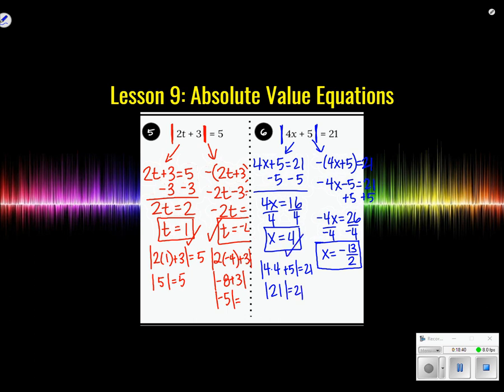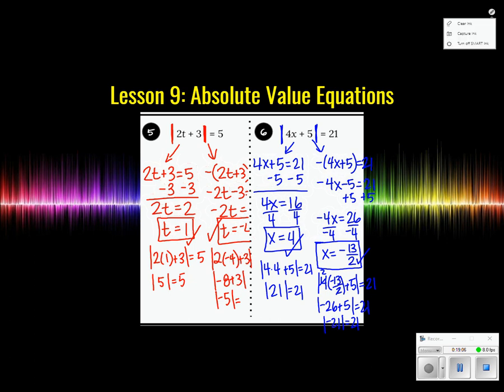Alright, and then this absolute value of 4 times negative 13 over 2. If you want to change that to a decimal, you can. You can stick it in a calculator too. So that ends up being negative 26 plus 5, which is negative 21. Absolute value of negative 21 equals 21. So that works out as well.